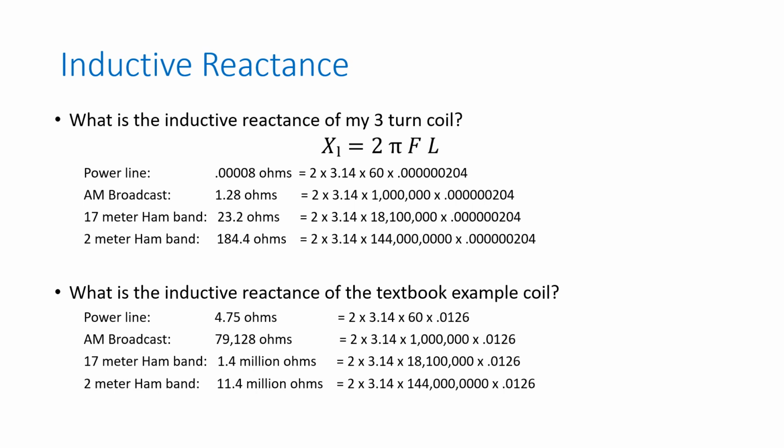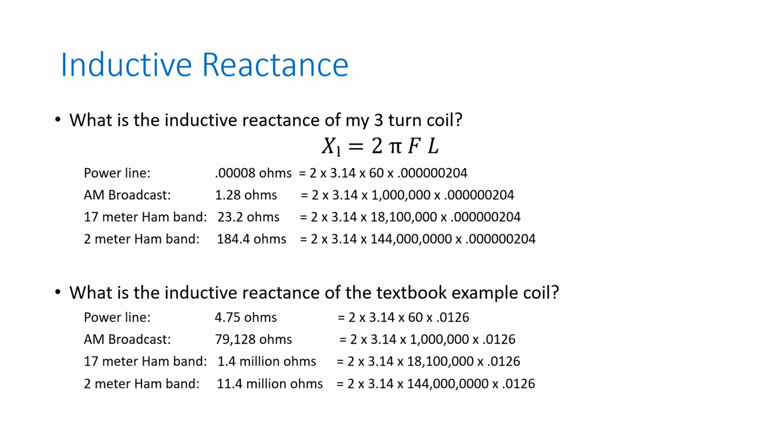On 2 meters, it's 10 times, 11 times worse. So take a look at those numbers. And you can see why I introduced you to the solenoid. You can also tell why the solenoid coil, with all that reactance, is worthless in radio. What are you going to do with an 11 million ohm reactance? You're never going to use that anywhere.